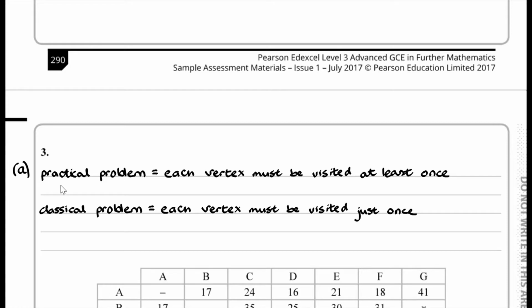In the case of the practical problem, each vertex must be visited at least once, and in the case of the classical problem, each vertex must be visited just once. So I think the key difference over here is the wording. With the practical, it's at least once. With the classical, it's just once.